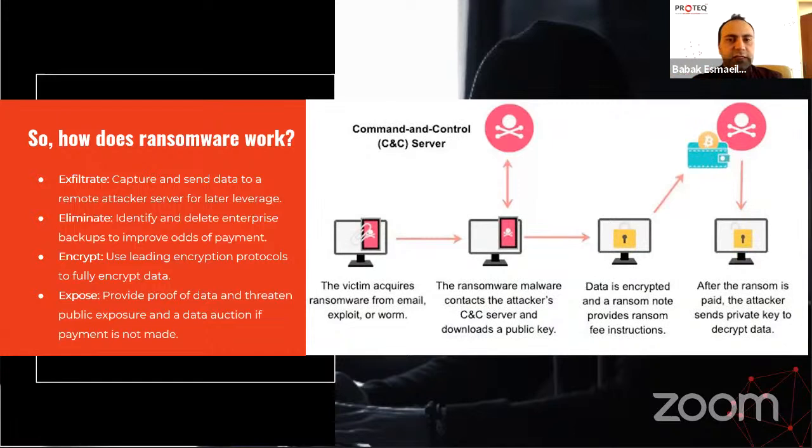The attacker will ask you to pay some money, mostly in cryptocurrency, because they don't want to be recognized by the FBI or whatever. After you pay, they will send you the decryption code. This is how ransomware affects your system.